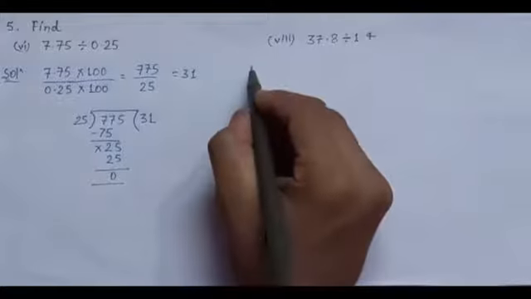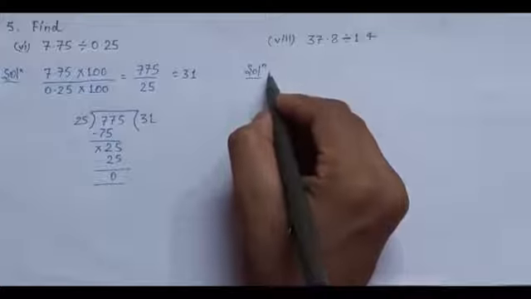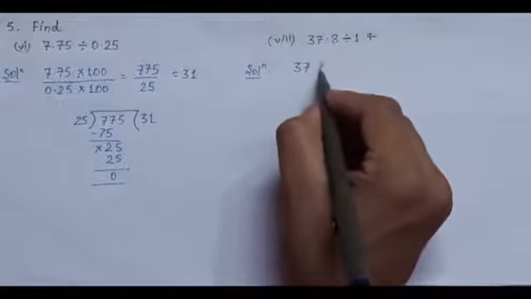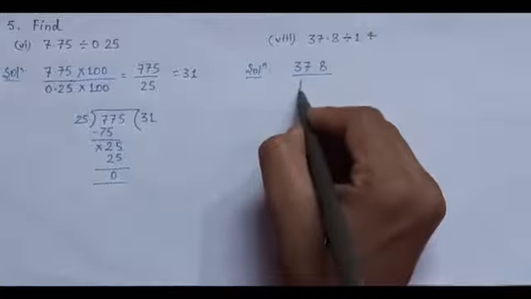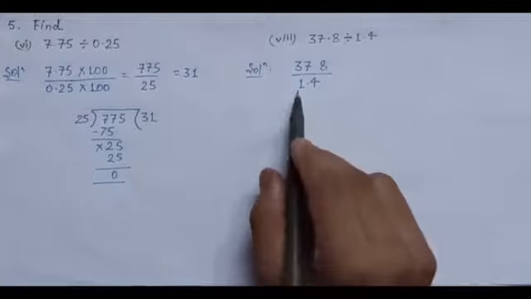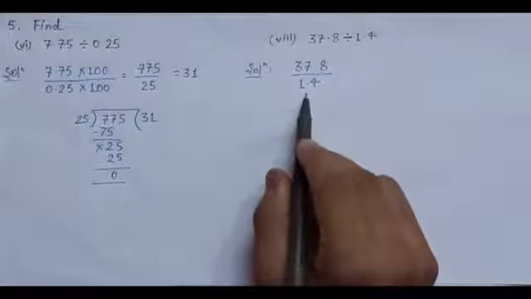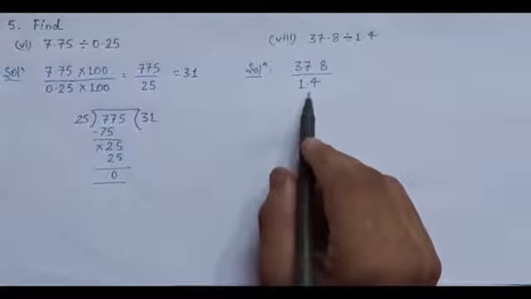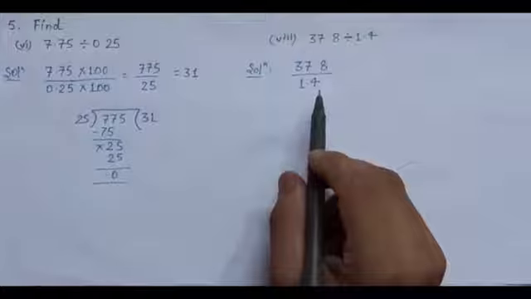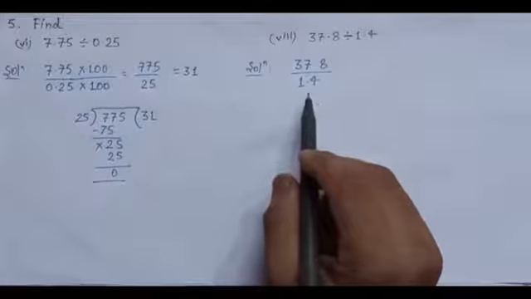In the same way we will do the next part also. Here you can see we have to divide a given decimal 37.8 by 1.4. Again you can see that in the denominator we have a decimal. If somehow we make this denominator a whole number, then we can perform the division, because you know how to divide a given decimal by a whole number.